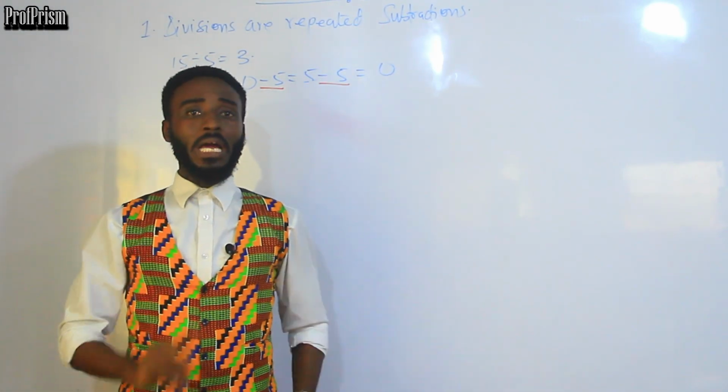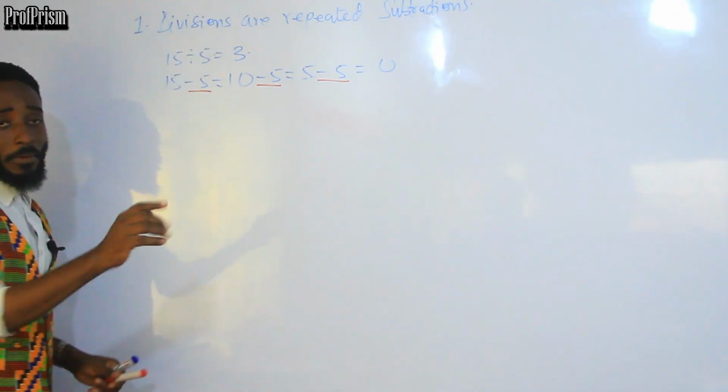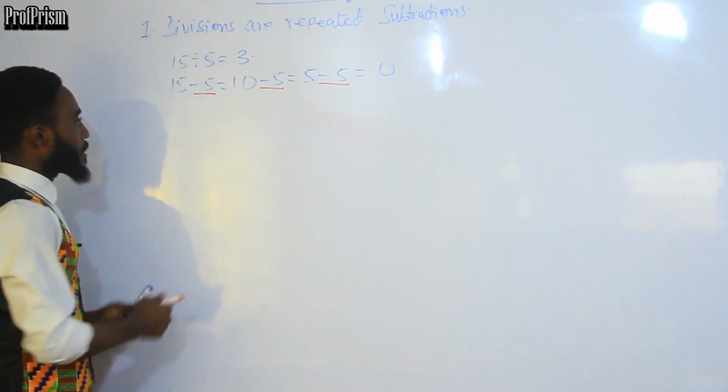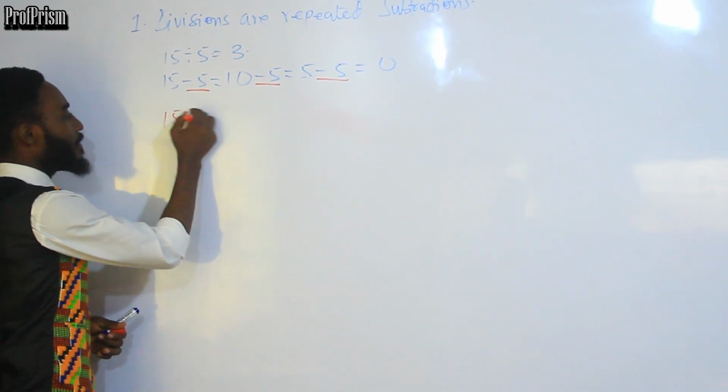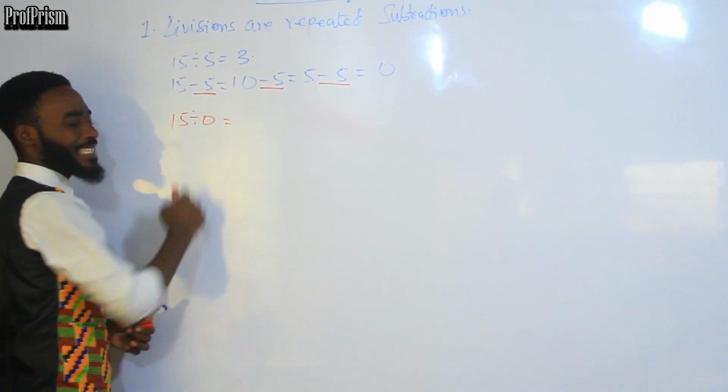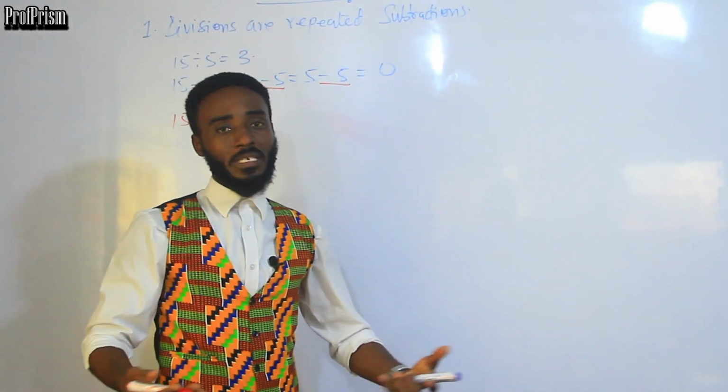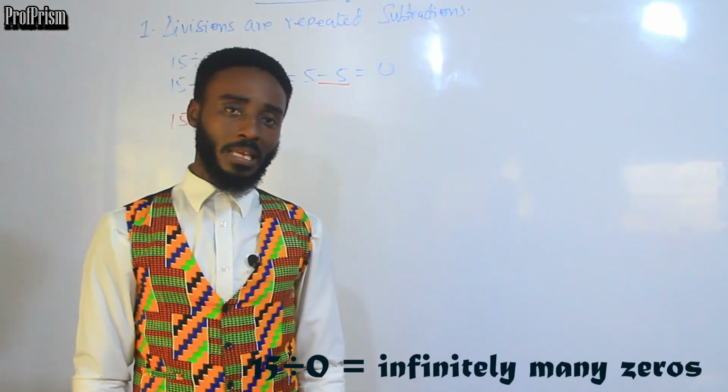So beautiful. Now what about if I'm dividing by 0? Let's think about it. If I have 15 divided by 0, it's asking how many zeros I will take from 15 to get to 0. What do you think? That will be infinity.